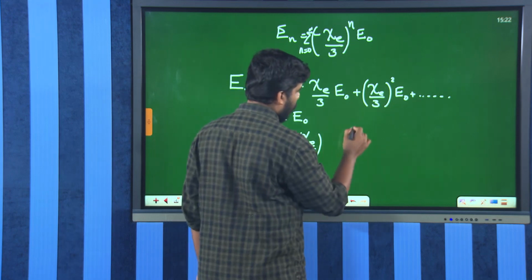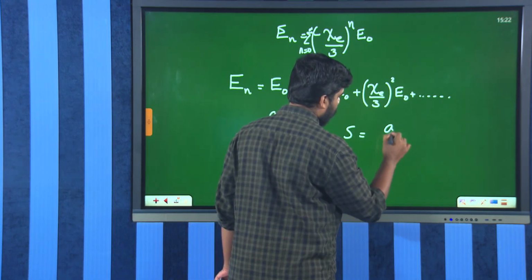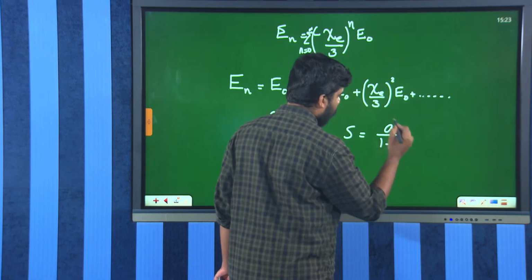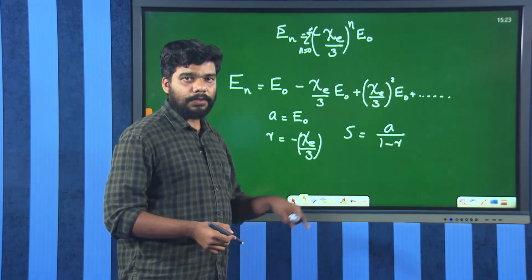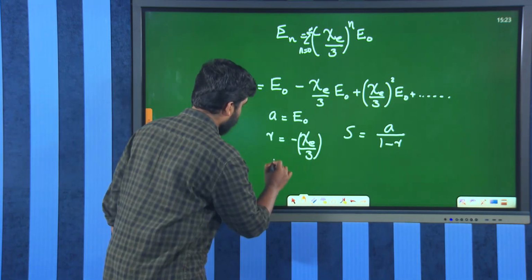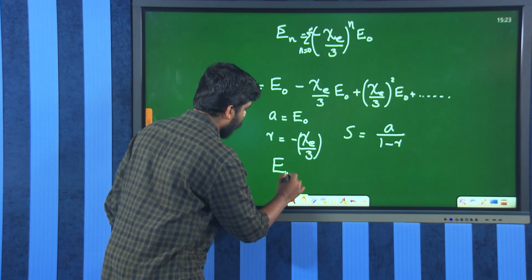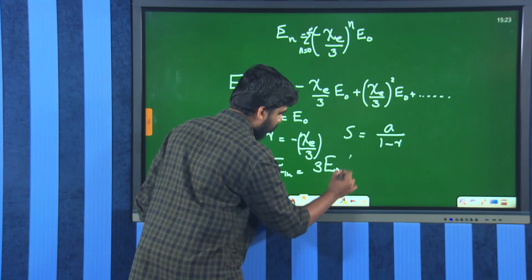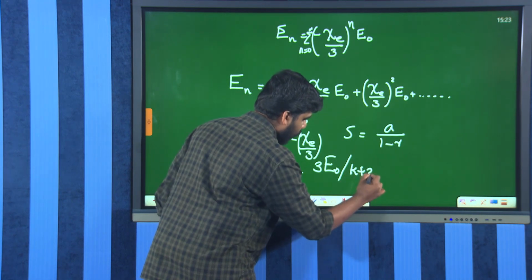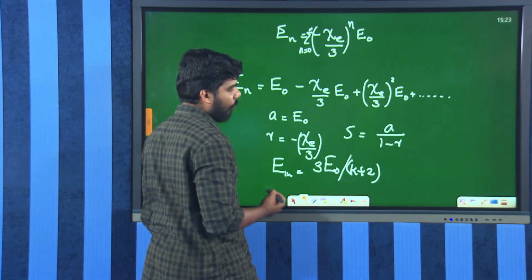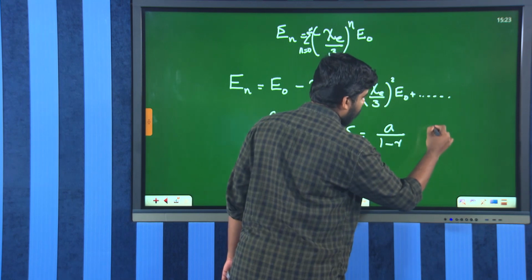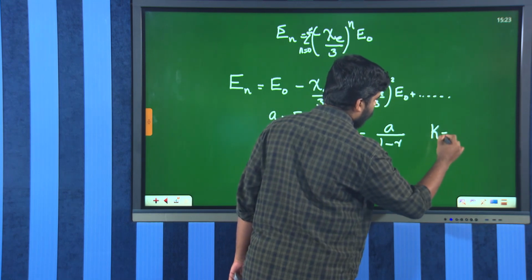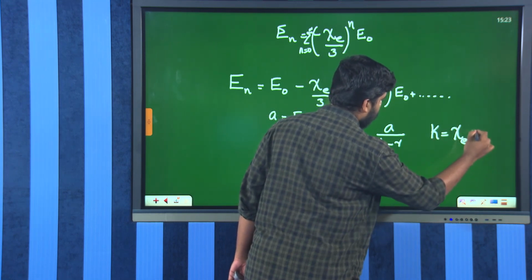So, their total sum S is given by S = A/(1 − r). Substitute that and we obtain E inside = 3E0/(k + 2). And remember, where is this k + 2 coming from? k = χe − 1.